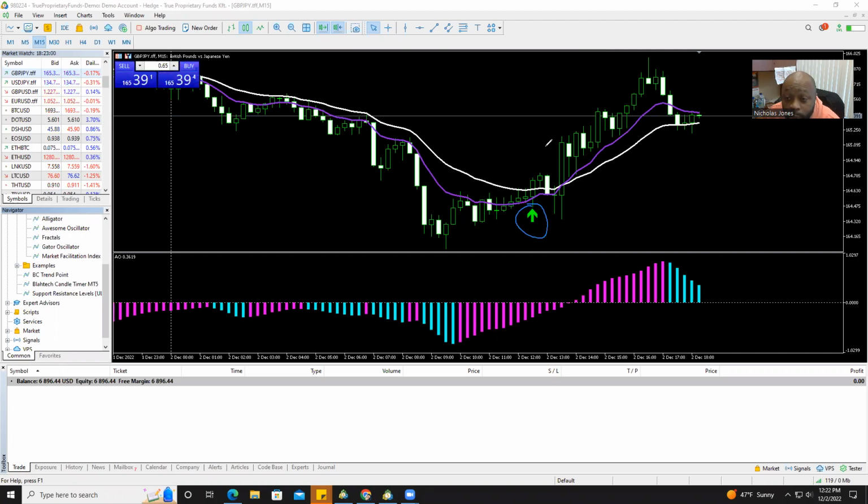And when it changed direction, we waited until the crossover happened here, and we waited until the Awesome Oscillator broke through the zero, above this point, above the zero here. And our colors were pink. And what we do is we ride with the trend point arrow. You can just hold this until you get another signal, right?